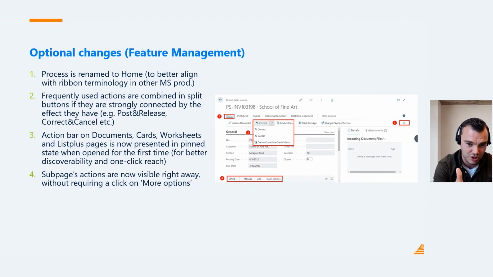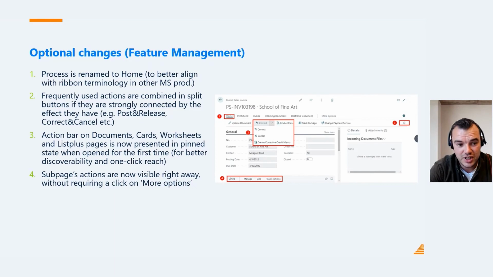So for example, on a sales invoice, the posting, correcting, etc. Frequently used actions are combined in a split button if they are strongly connected by the effect they have. For example, posting and release, correct and cancel, that's all very related to each other, so it will appear under the same split button.